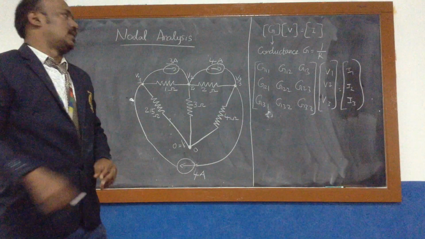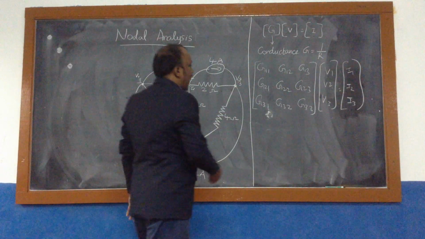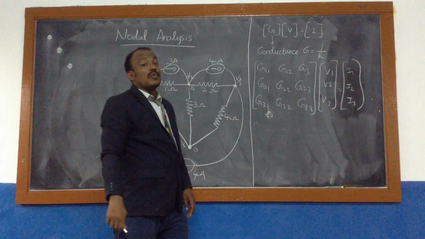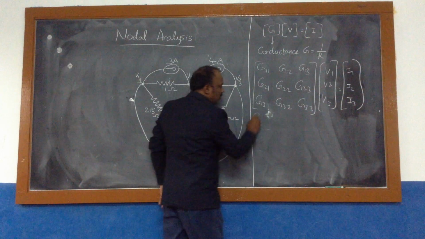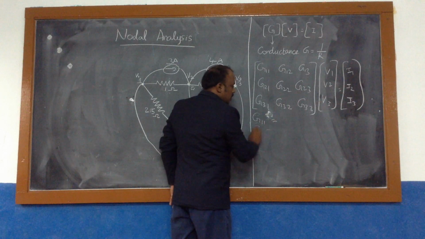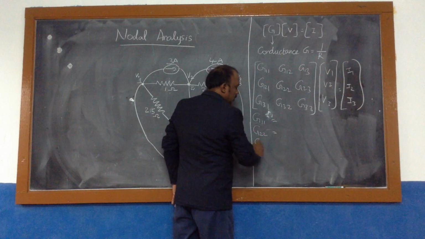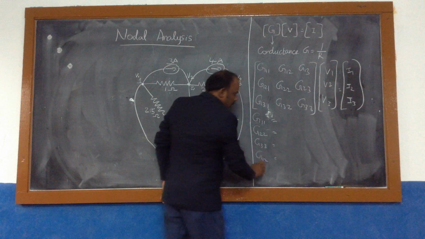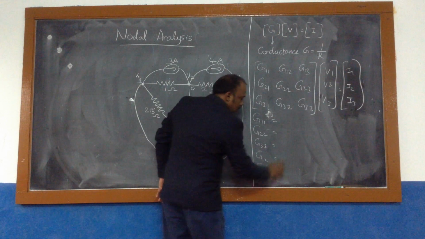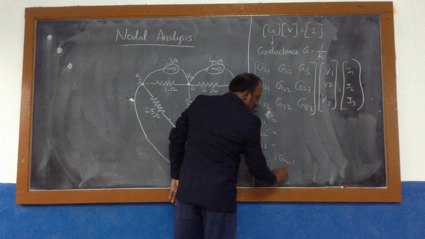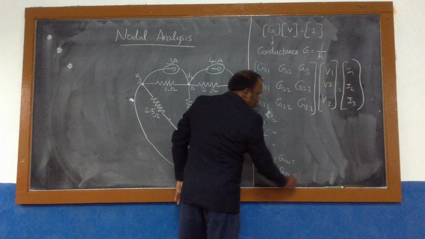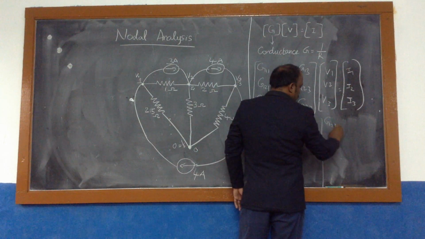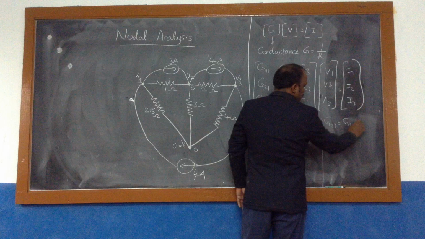Dual of mesh. Okay. Now our duty is to find the values of all the known values from the given diagram. What are the known values? G11, G22, G33, G12, G13, and similarly G23, G32 (both are the same).